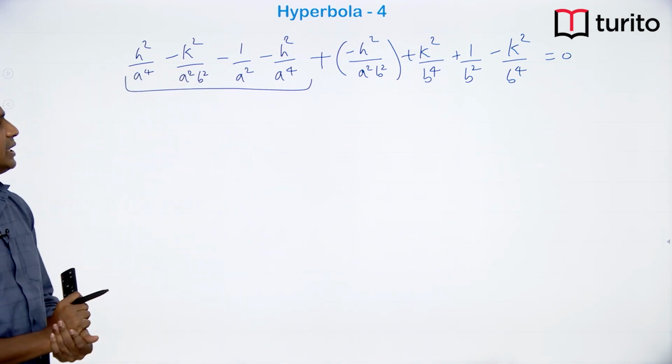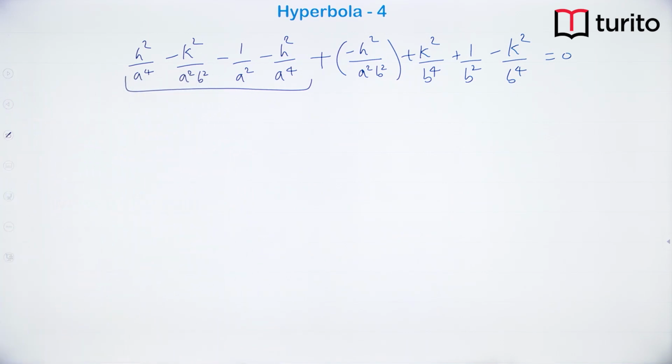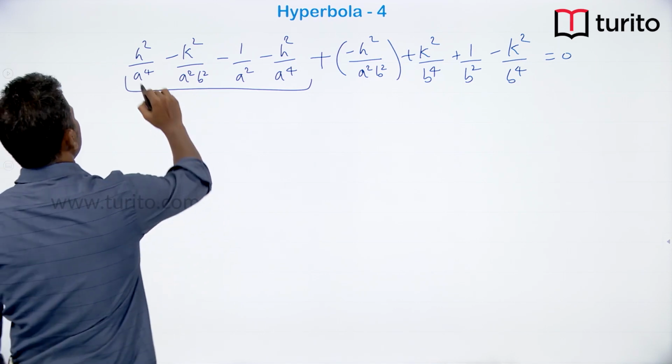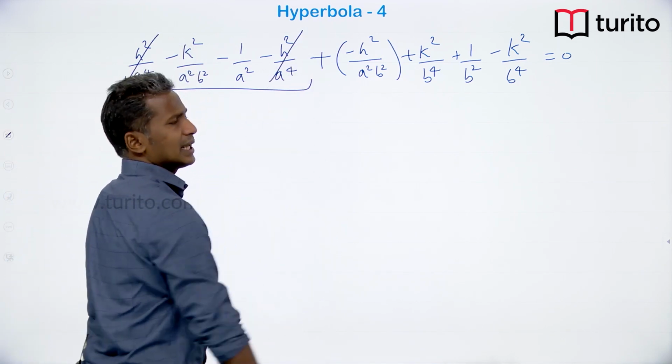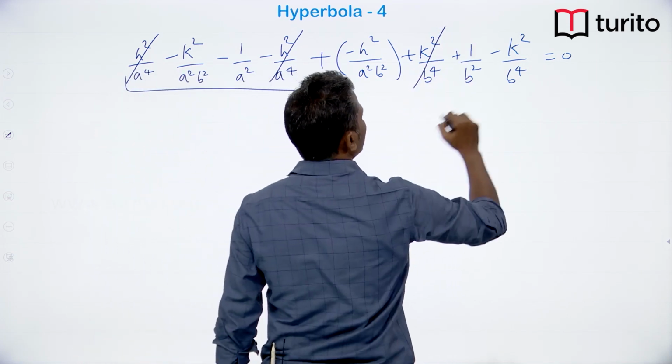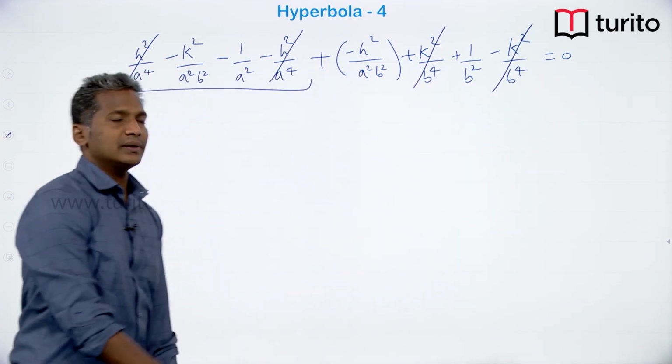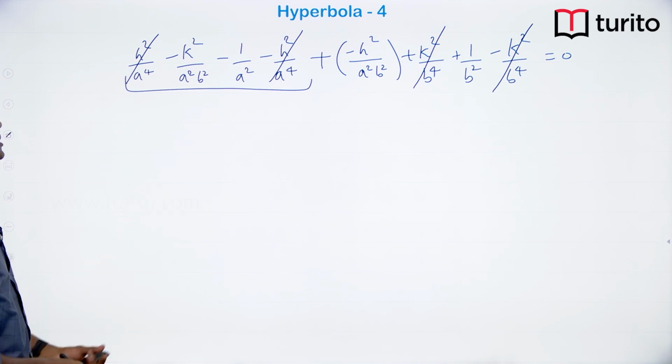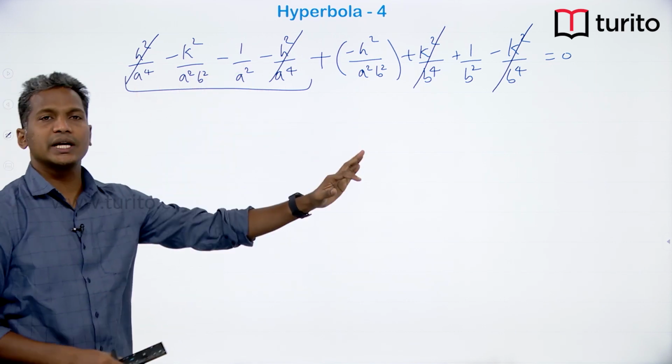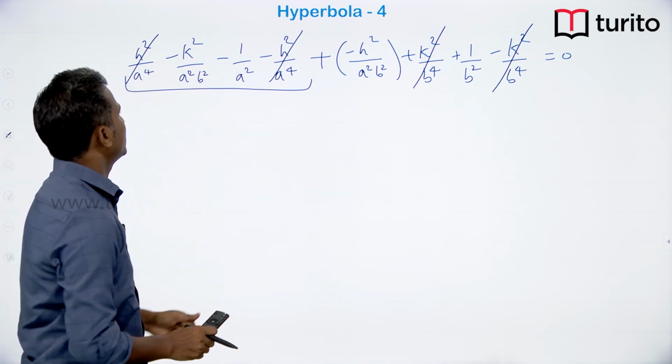Now see if there are any terms which can get cancelled. Here h square by a power 4 is getting cancelled, and k square by b power 4 is also getting cancelled. From the remaining terms, take all variable terms to one side and constants to the other side.